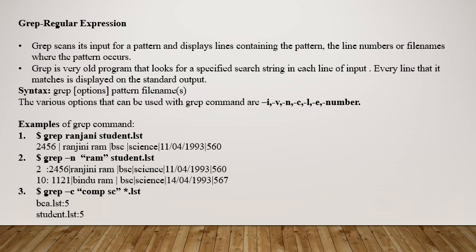Now I have used the grep command with another option. What is that option? -c. So grep -c, and what pattern do I want to search? I want to search for computer science in star dot list. Asterisk will give you zero or more occurrences, so all the dot list files.